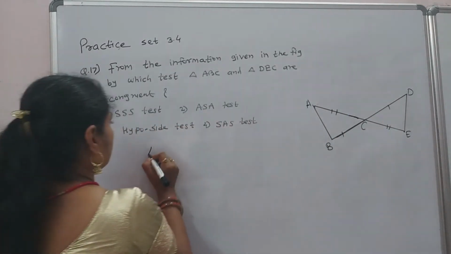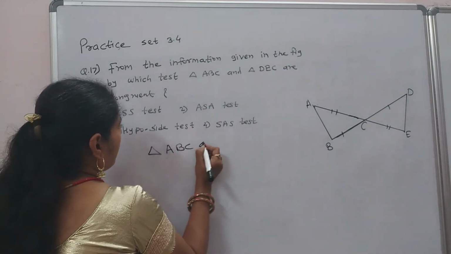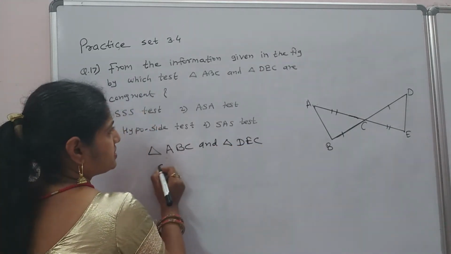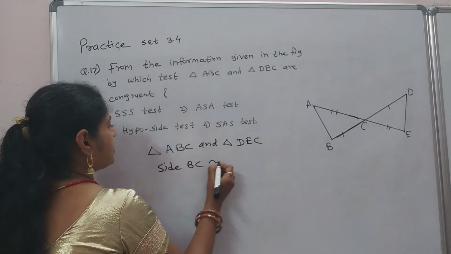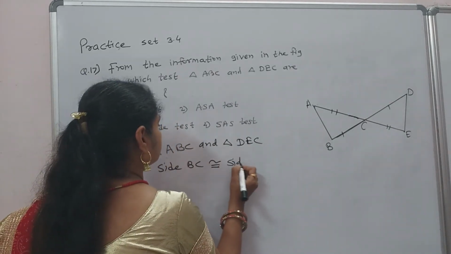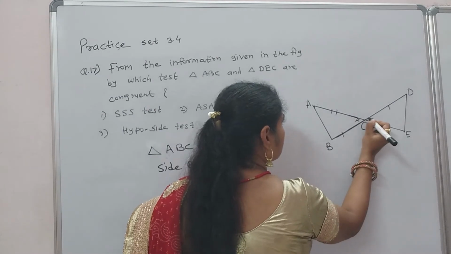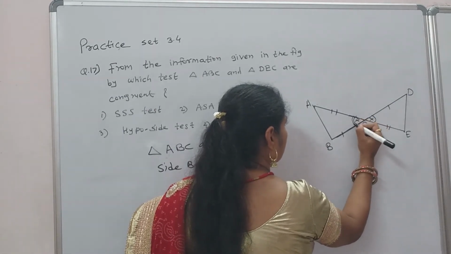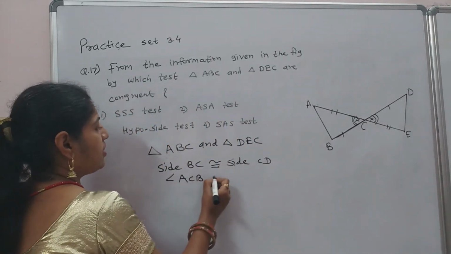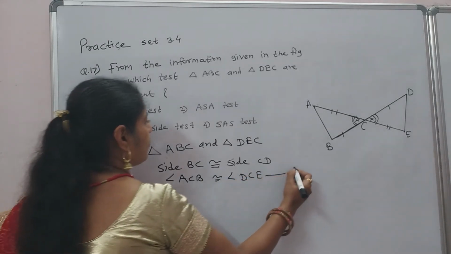In triangle ABC and triangle DEC, side BC, see the identical marks, BC congruent with CD, and these two angles are vertically opposite angles, and you know that vertically opposite angles are congruent. So angle ACB congruent angle DCE, vertically opposite.